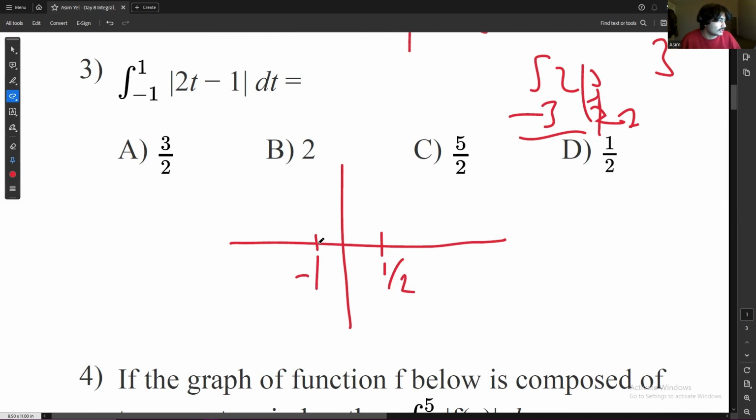So if I plug in -1, I'm getting 3, because -1 times 2 is -2, -2 minus -1 is -3, and if I take the absolute value of -3, I get 3. Over here, this will be 0, by the way. And if I plug in 1, I will get 1, because 1 times 2 is 2, and 2 minus 1 is 1.